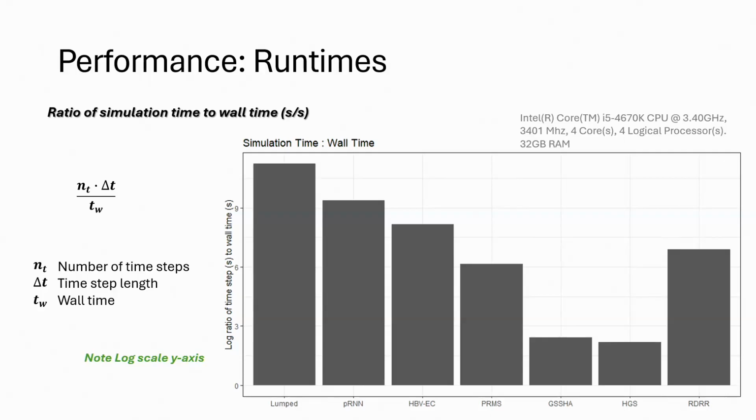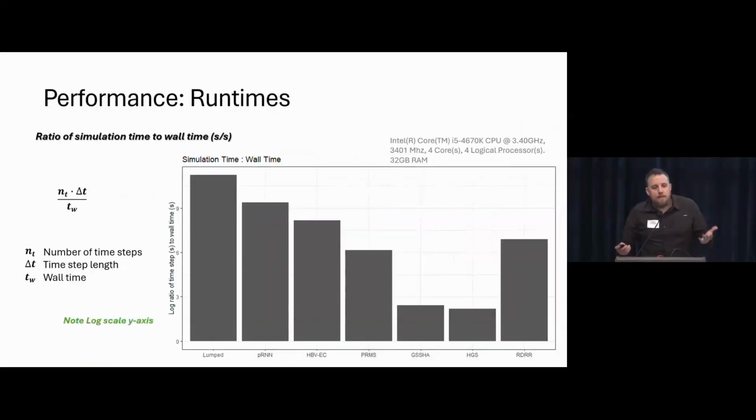What I'm looking at is a basic comparison: I took the same area and looked at how I would approach modeling that same watershed with the same computer, and how long it takes to run the model.